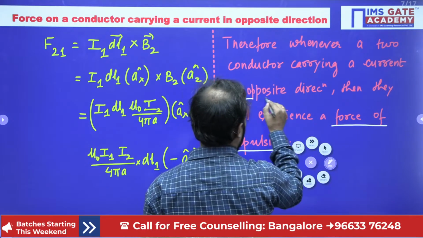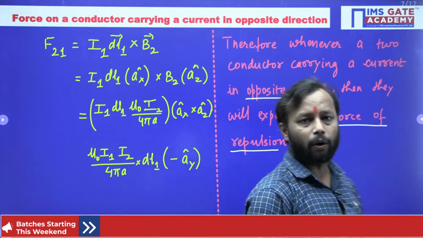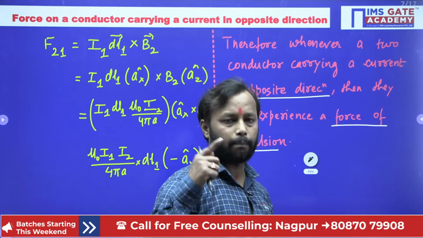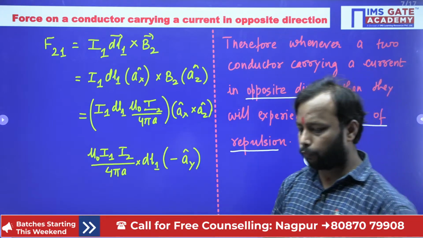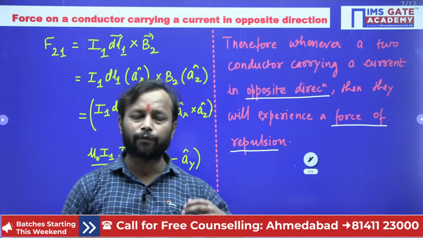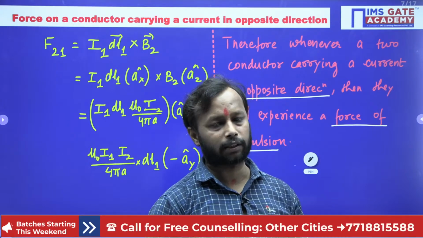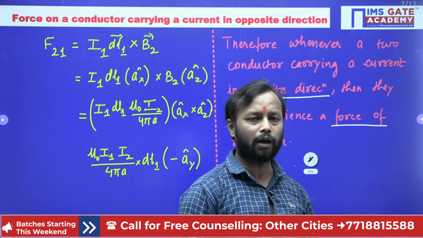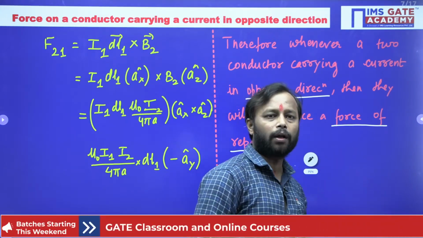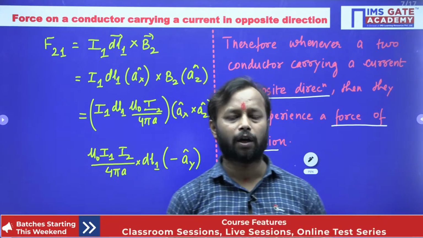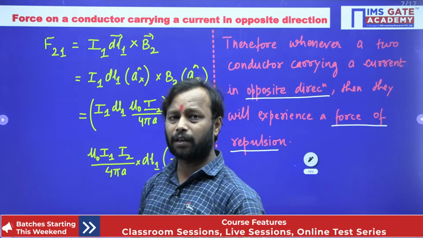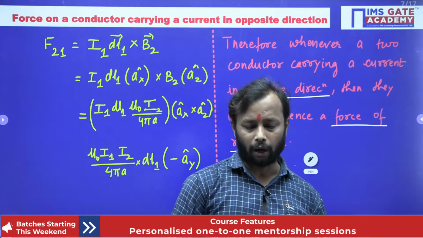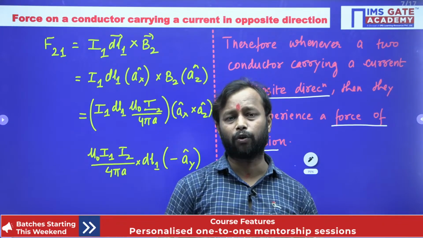Okay, opposite direction. Why is this important? Because in the transformer we have limbs, and on those limbs we are placing the winding. So whenever we have a malfunction inside the transformer, the windings may get displaced, and this is only due to the force of attraction or repulsion. So there are vast chances of malfunction in the transformer, and we should not let it happen, otherwise it is going to damage the transformer.